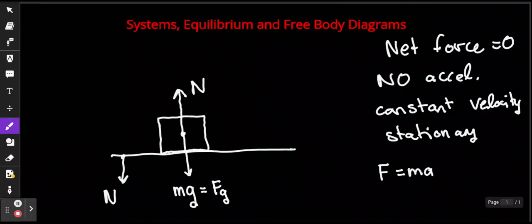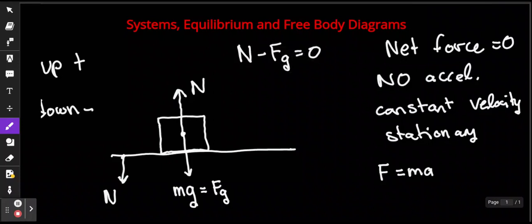Now, how can we figure out this N? When you're standing on Earth, you're stationary. This tells us that our net force is 0. And if our net force is 0, that means considering up to be positive and down to be negative, then N minus Fg has to be 0.